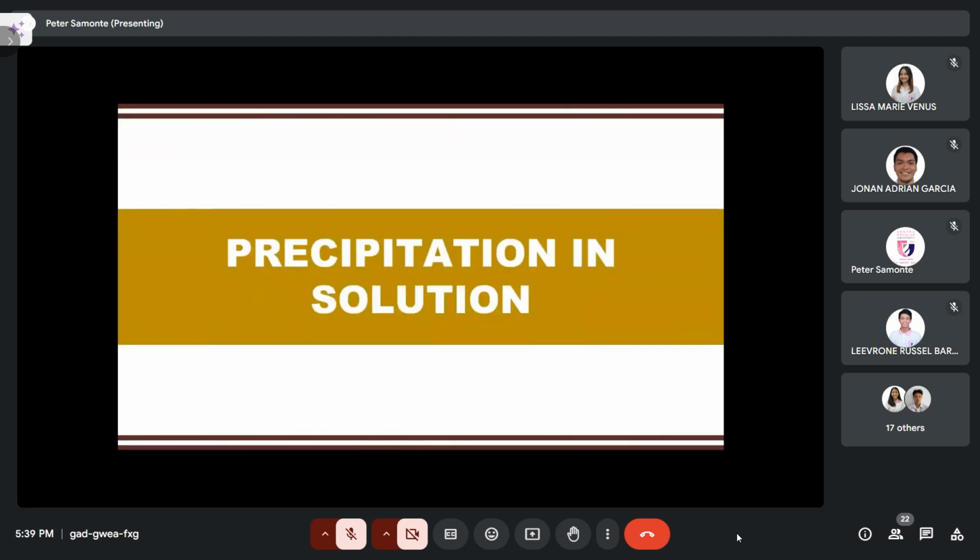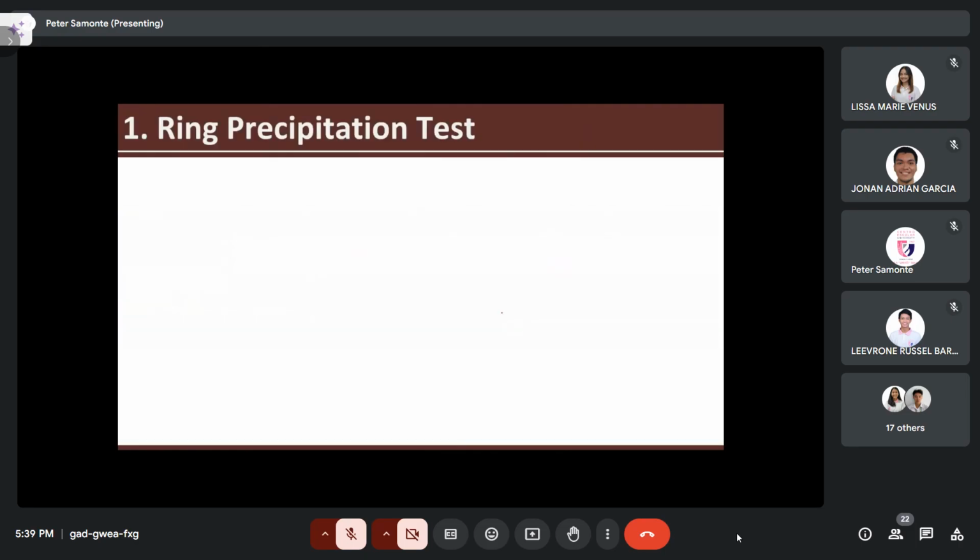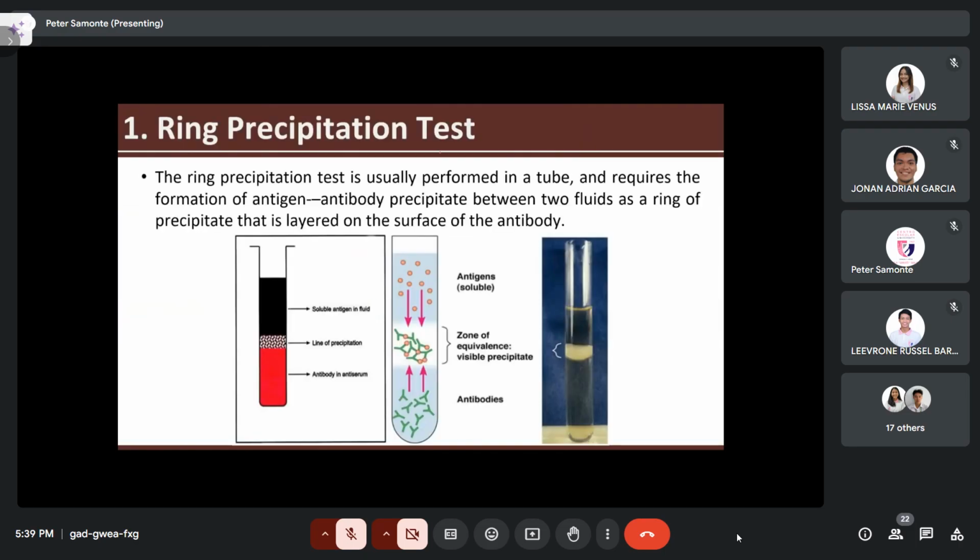Let's start with the precipitation in solution techniques class. Number one is the ring precipitation test. Now, the ring precipitation test class is usually performed in a tube and would require the formation of an antigen-antibody precipitate between two fluids as a ring of precipitate that is layered on the surface of the antibody.